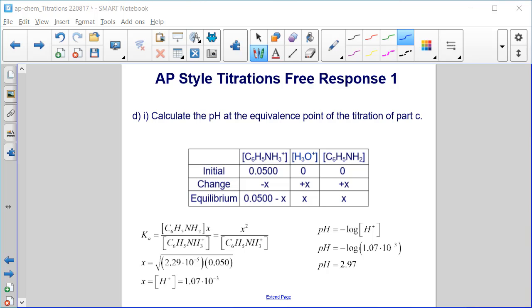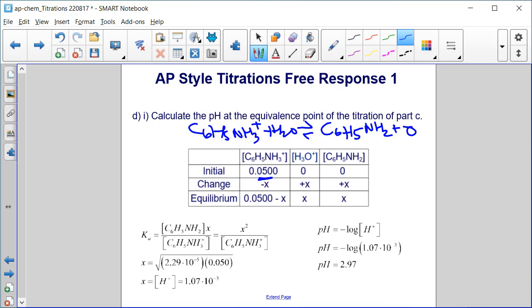Now I'm going to write that hydrolysis again, C6H5NH3+ in water. So this new equilibrium is established where I'm starting with this concentration of C6H5NH3+, and I don't have any products in the beginning. So no aniline and no H3O+. A change occurs and then equilibrium is reestablished.